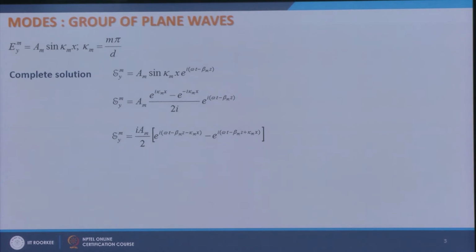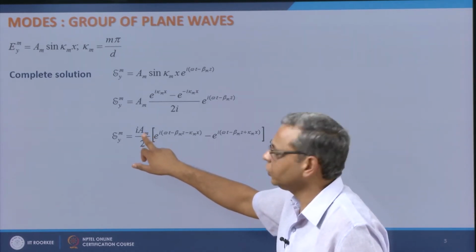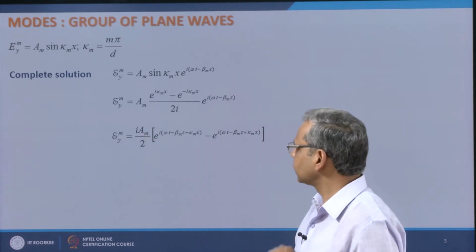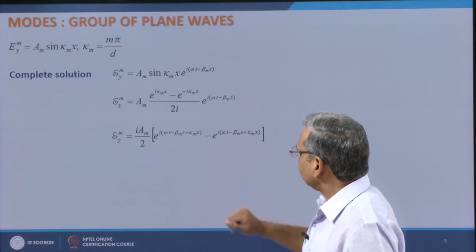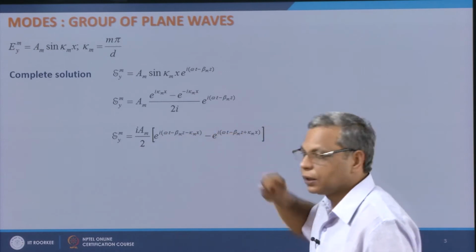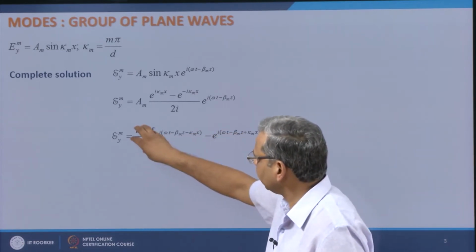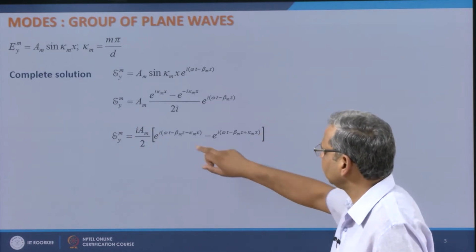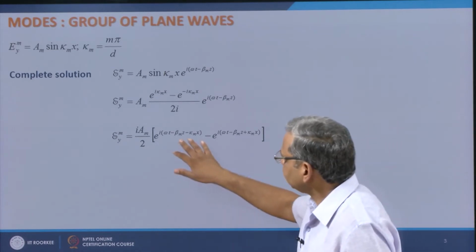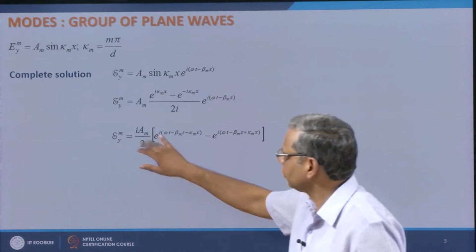And remember, now outside I have a constant, it is not a function of x. The x dependence which was earlier outside I have included in the exponential, and when I see this now, this is nothing but a plane wave because outside is a constant.